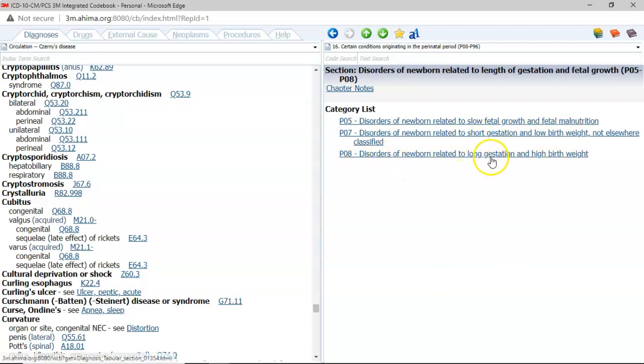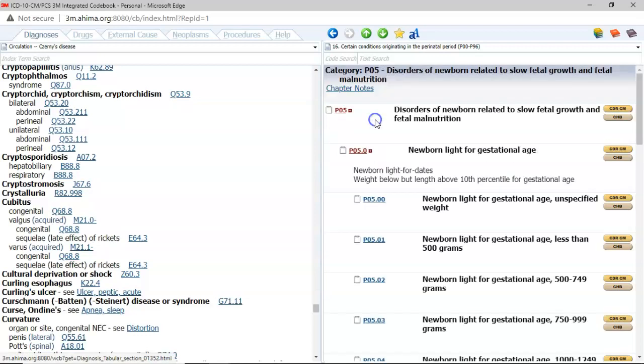P08 is long gestation and high birth weight. So I want to look at this category P05. And you'll notice that the guideline basically tells us that in assigning these codes we assign them based on the provider documentation. Prematurity is based on the provider documenting prematurity.